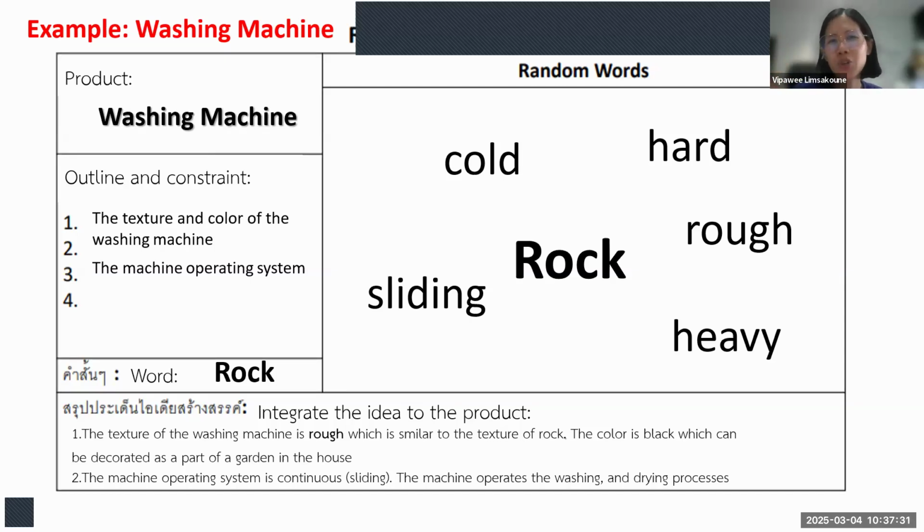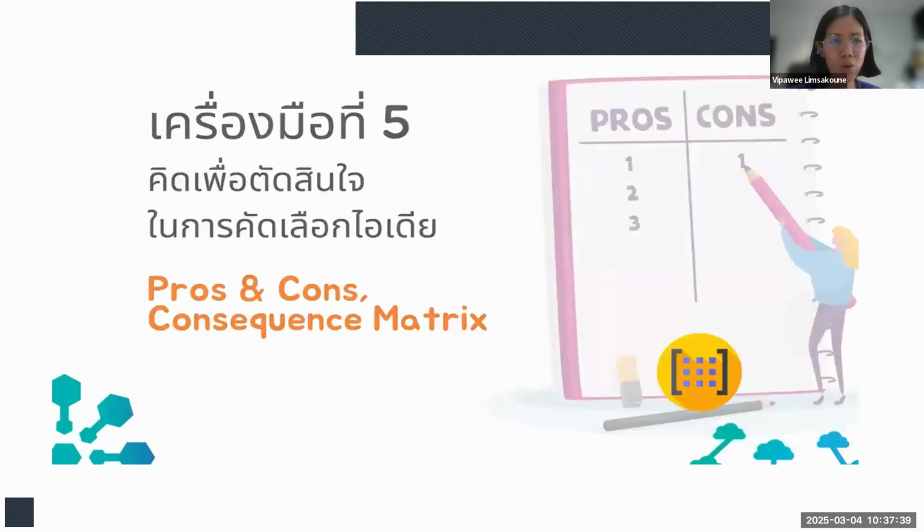Tell the reason why you choose this idea, for example. Okay, before I shift the gear to the idea selecting tools, so that's an example of thinking tools that you could use. Each group picks just one thinking tool, okay?